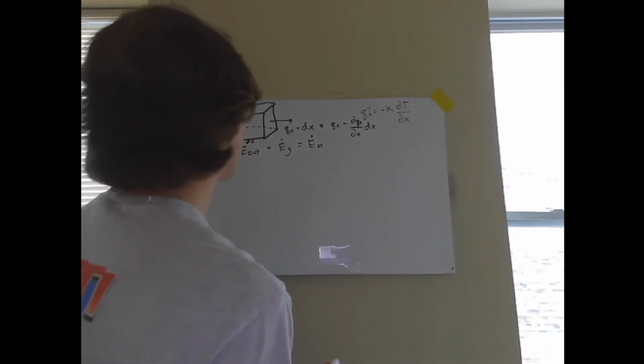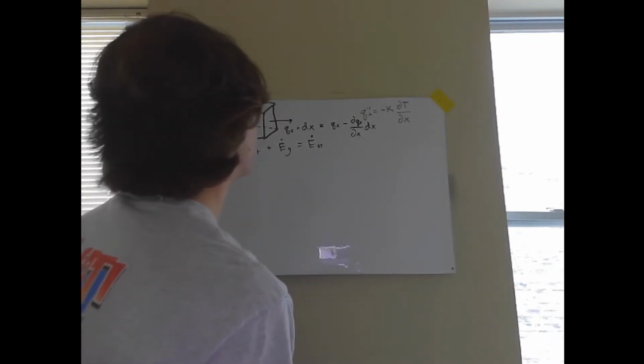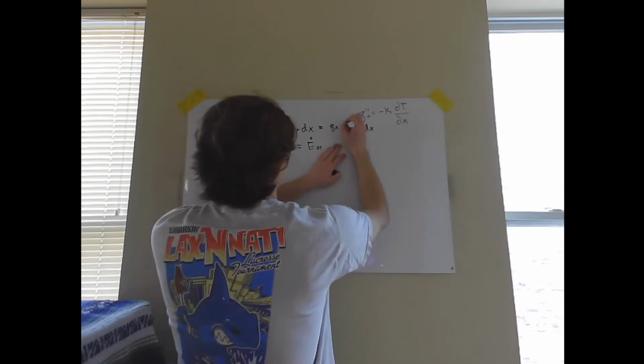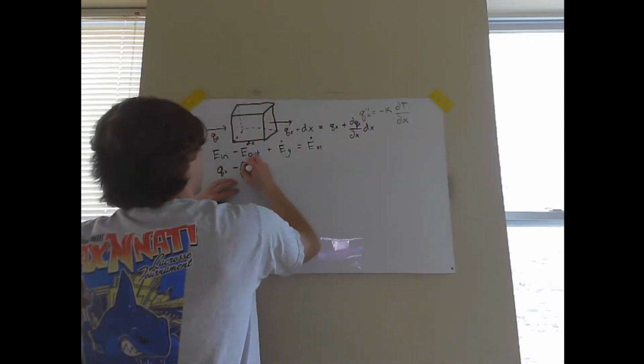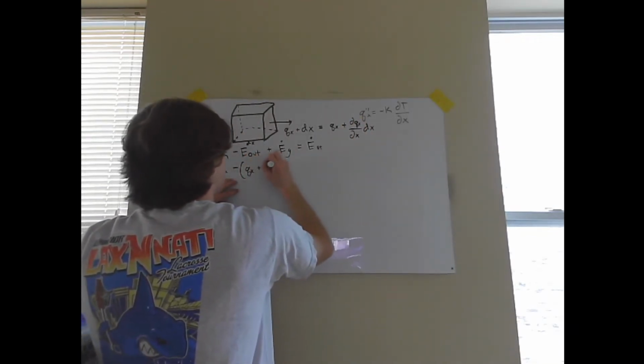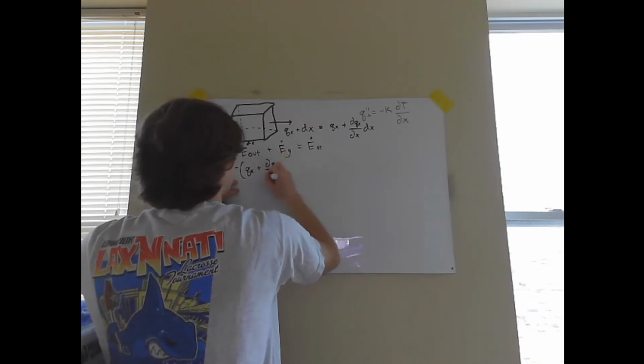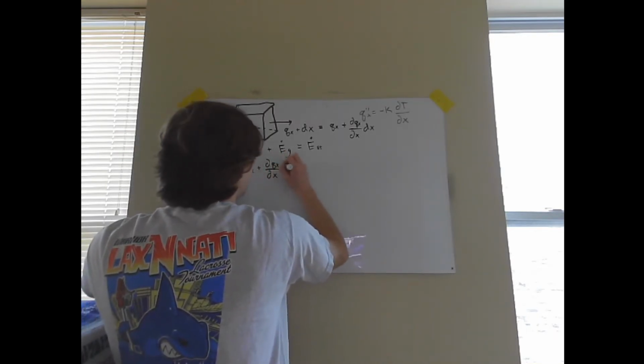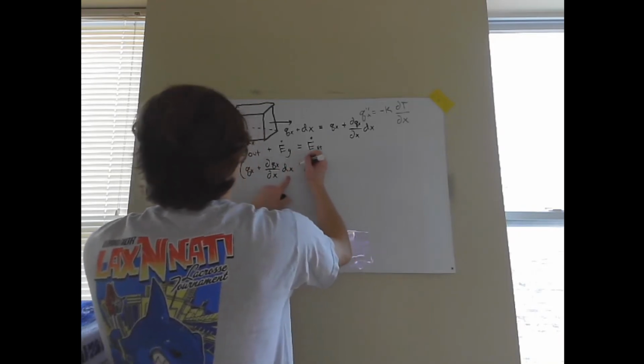So I can just go ahead and incorporate this in. This is a plus sign, and so we will have Qx plus this partial derivative with respect to x times our differential distance x.